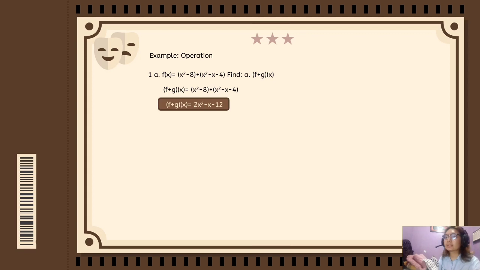Ang ginawa na natin dito ay pinag-plus na lang natin yung dalawa. 2x squared, pinag-plus natin, then x, bring down na lang natin x kasi walang magiging x, negative x, tas pagpa-plusin natin yung 8 saka positive 4 ay negative 4, so equivalent to 12. Therefore, ang sagot natin, ito na.